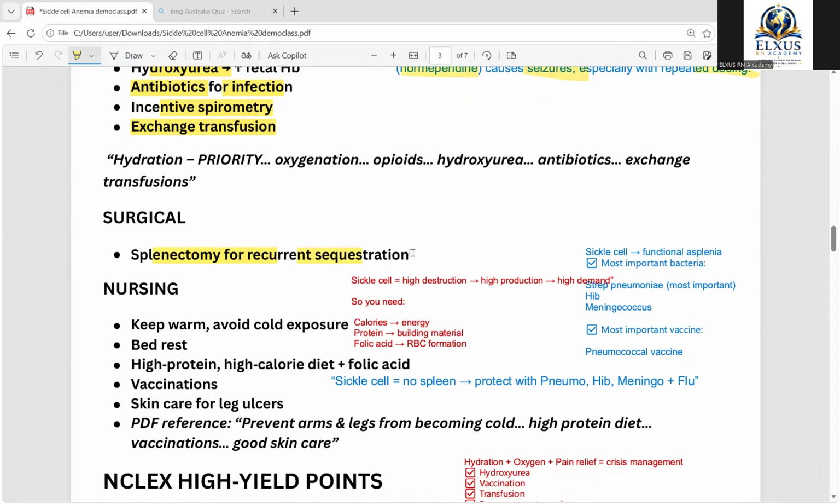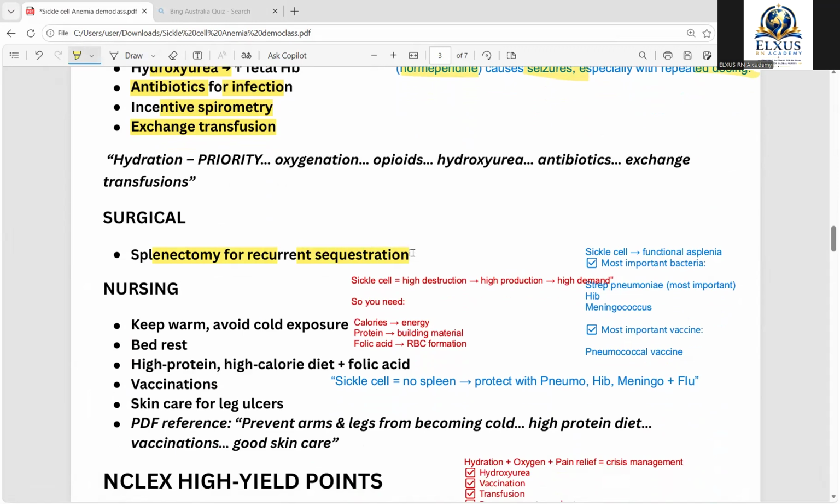That means splenic sequestration syndrome can be managed with splenectomy, the removal of the infected spleen. When the spleen becomes infected, it becomes non-functional.